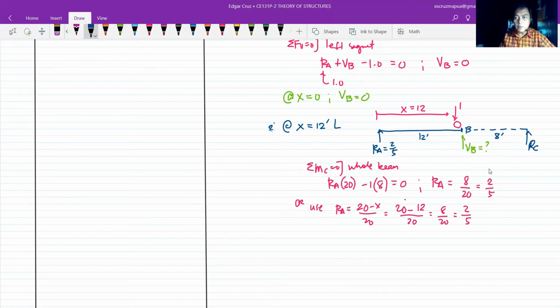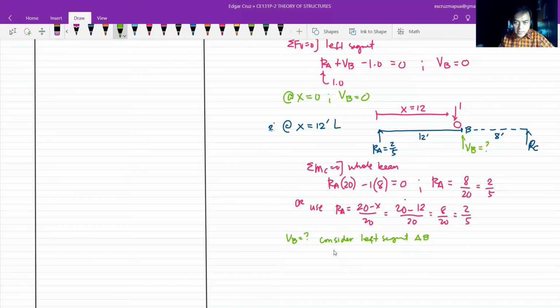Okay, therefore, what would be the shear at B? Okay, so consider left segment AB. So pagka considering the cut section on the left segment, paano makukuha yung shear sa B?